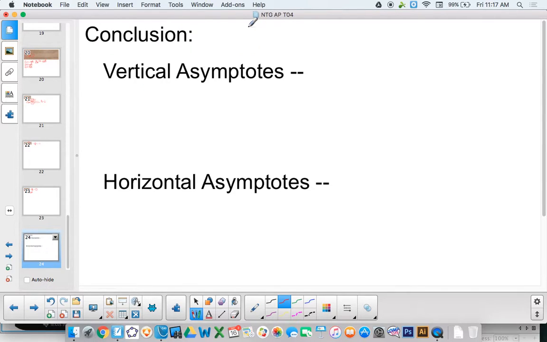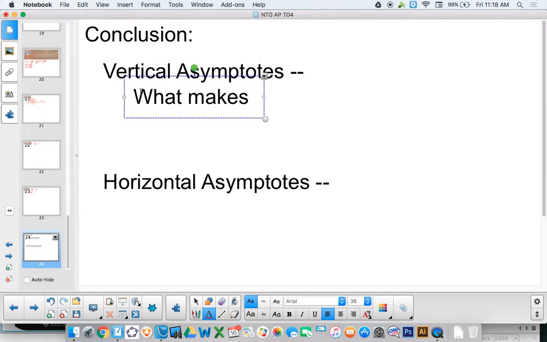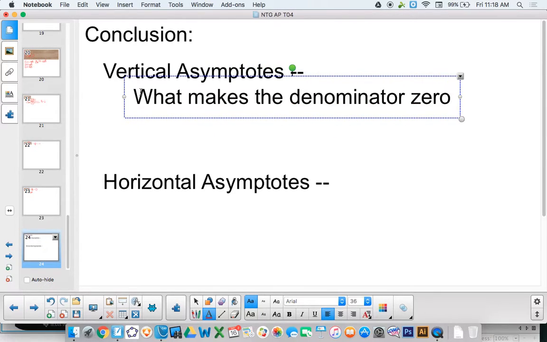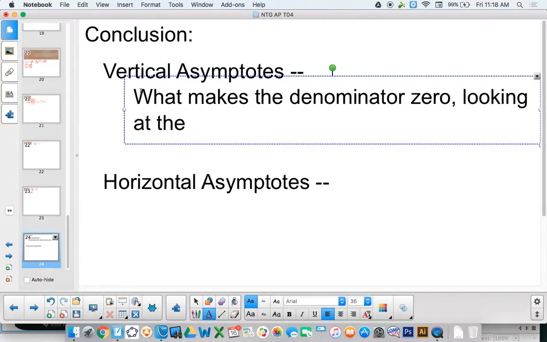So for review of this target, the big ideas I wanted you to get were the vertical asymptotes. Vertical asymptotes: what makes the bottom 0? Specifically, look at the limit definition. Make sure you see that as x approaches a number, the limit increases or decreases without bound.